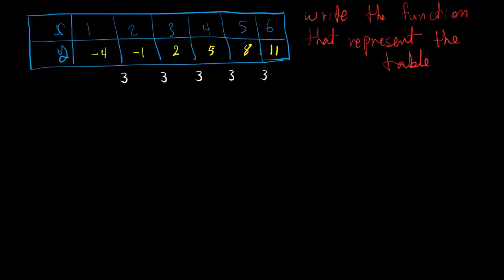What is the general form of a linear function? y equals mx plus b. I have all values of y, I have all values of x, but I don't have the parameters m and b, the slope and y-intercept. So this is the equation for a linear function.